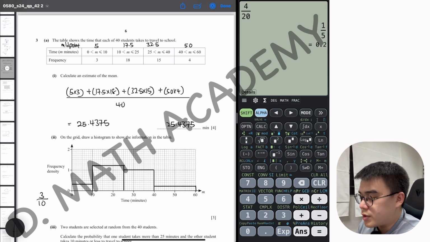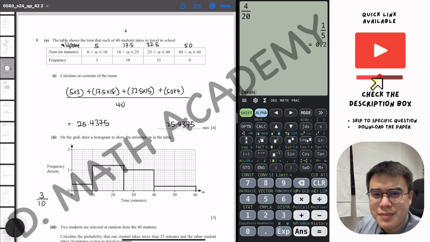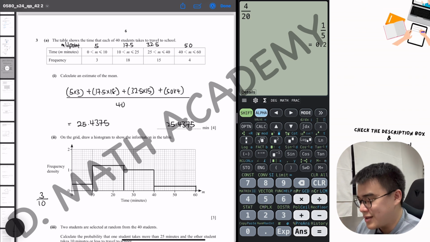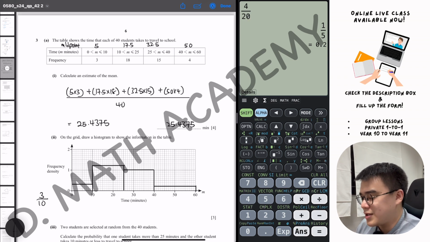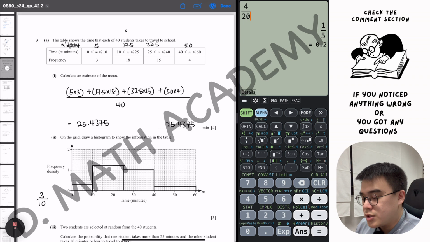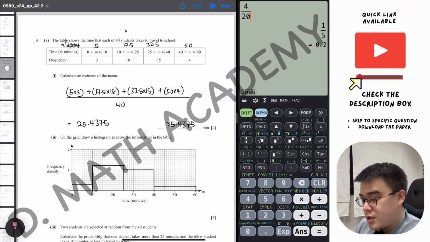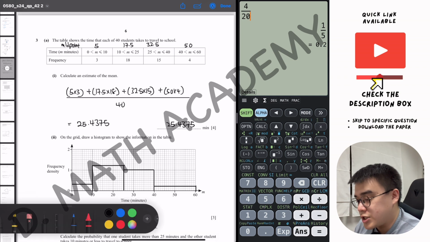Okay, so that's pretty much it for your answer here. Okay, it's a little bit crooked, but if you're using pen and paper, this kind of issue and this inaccuracy shouldn't happen. Okay, so yeah, that's pretty much it for this question 3A here. Working is as attached.